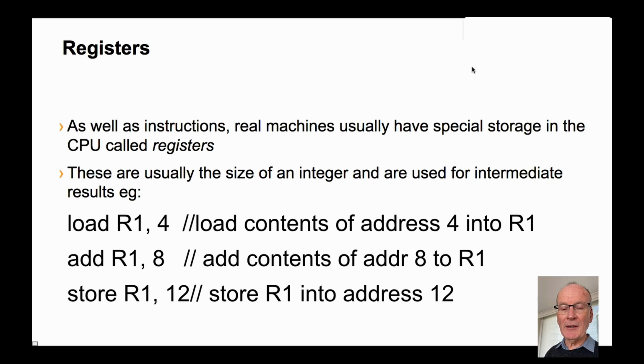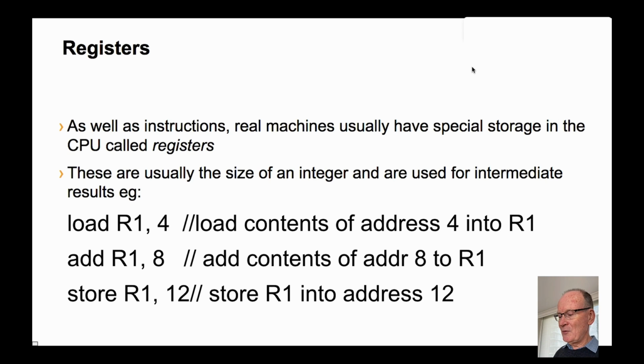So we might be adding up a lot of numbers, so we keep all the intermediate additions in these fast memory locations called registers. The registers are usually about the same size, or exactly the same size as an integer in the computer, and we can work on them with a special coding, a special address that refers just to the particular register that you want to work on.